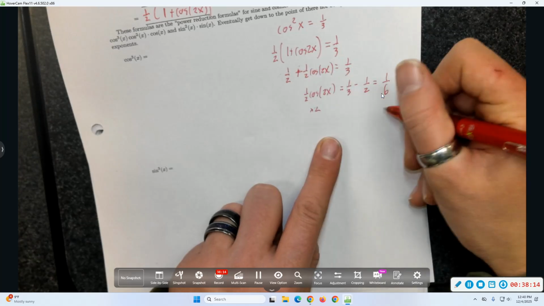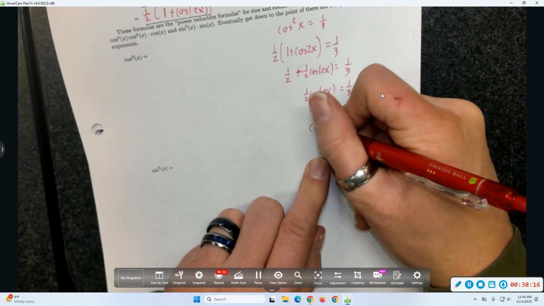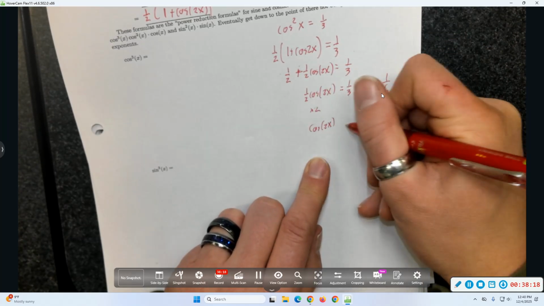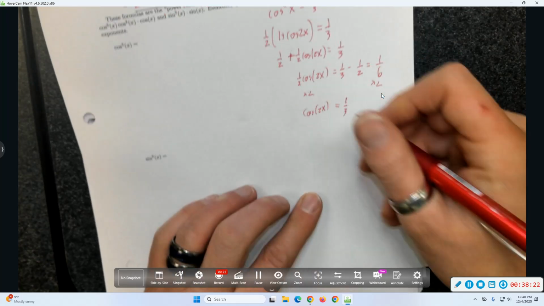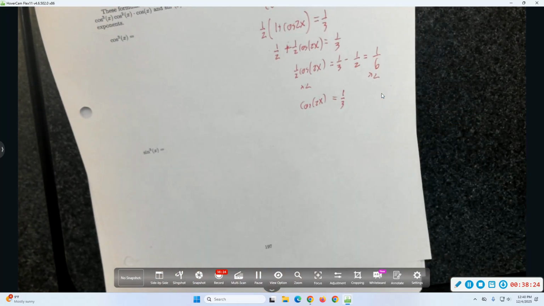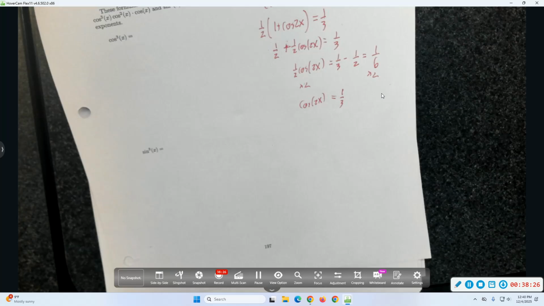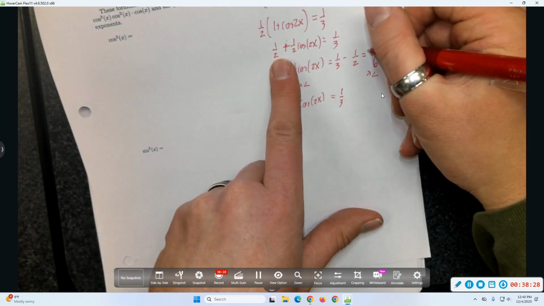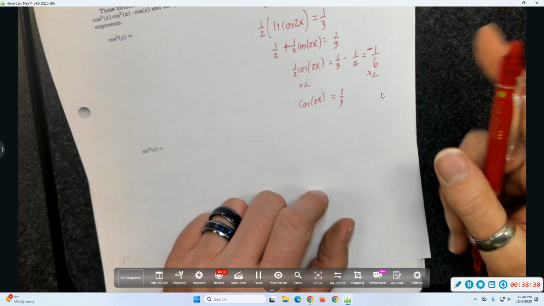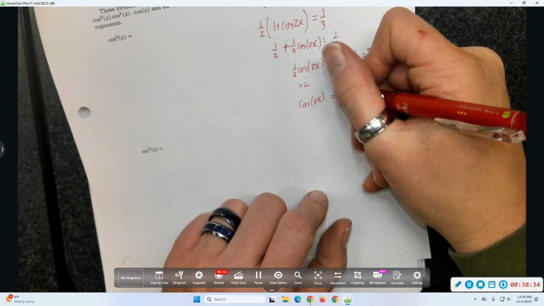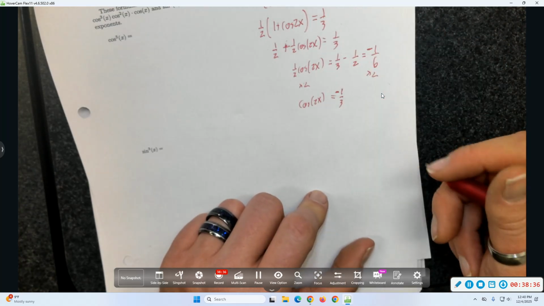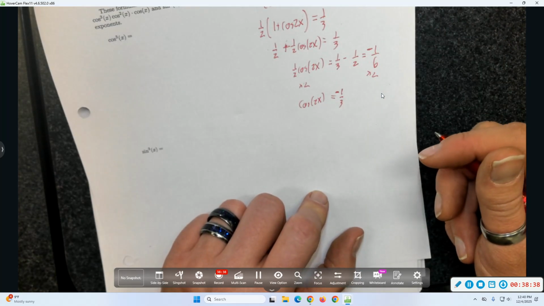Let's multiply it by 2. Cosine of 2x is 2/6, also known as a third. Shouldn't it be negative, since you did 1/3 minus 1/2? Ooh. True fact. Yes. When I say I'm doing things in the interest of speed, I should still be correct.